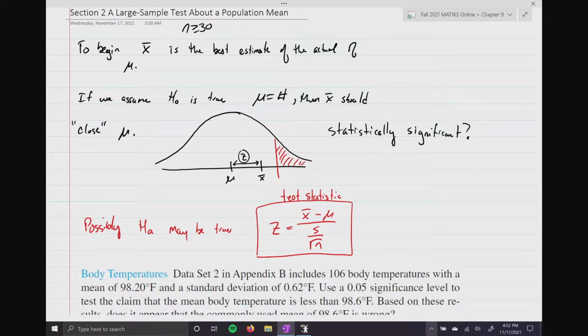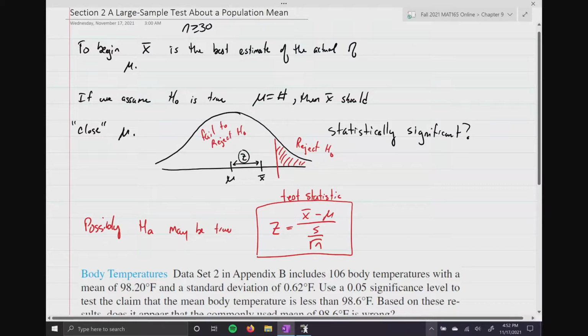In other words, in our critical region, we reject the null, and in our non-critical region, we fail to reject the null. So if my x bar distance away from the mean is right there, which is a z-score, okay? Notice here, we would fail to reject the null hypothesis, meaning that we're assuming that this relationship is actually true. We cannot reject the null.